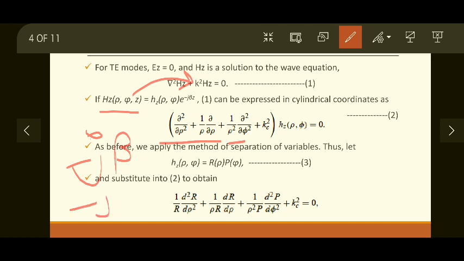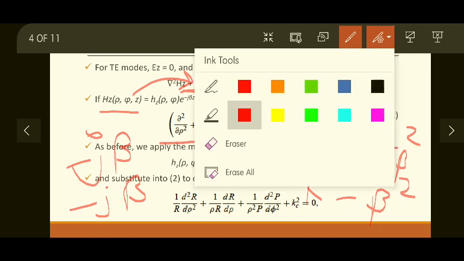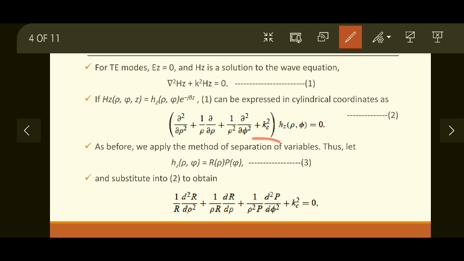So minus j beta into minus j beta will be j squared beta squared, which is nothing but minus beta squared. You can find this calculation in the general solutions of transverse field. So minus beta squared, and already we have k squared in the Helmholtz equation. So k squared minus beta squared is comprised in kc squared. This is how kc squared is observed in this particular equation.